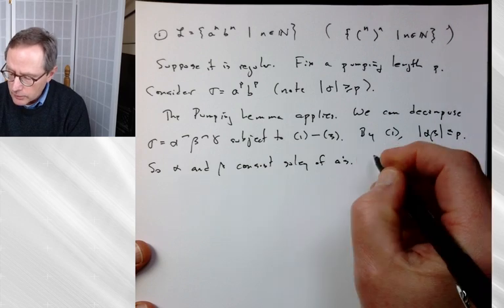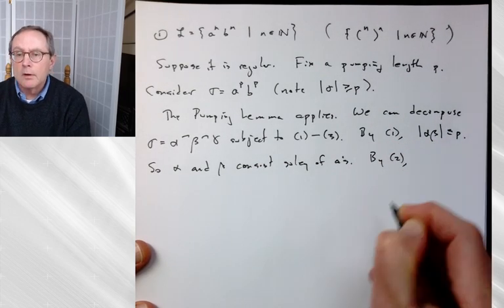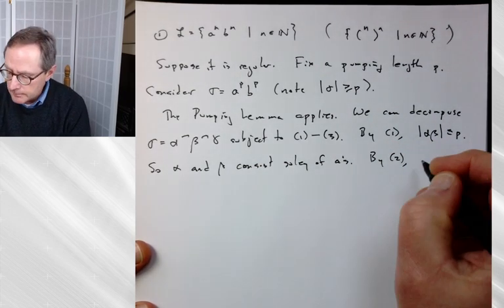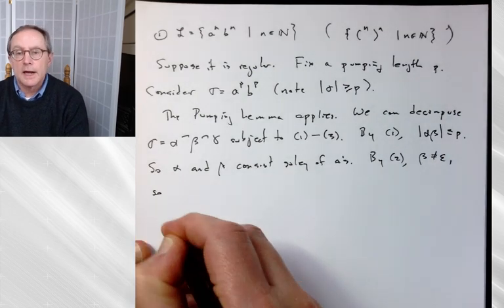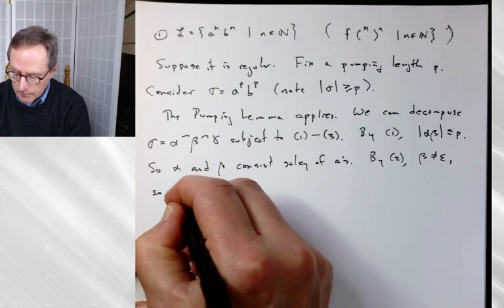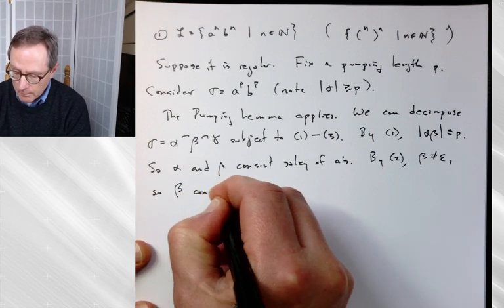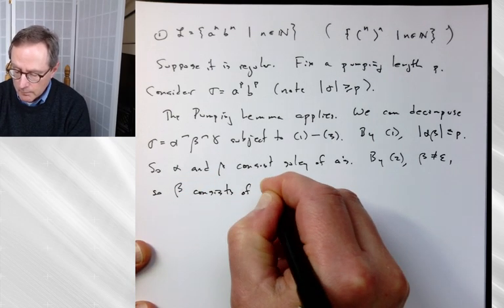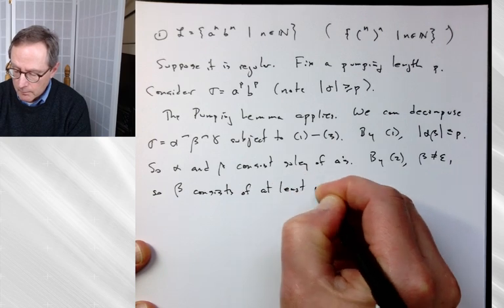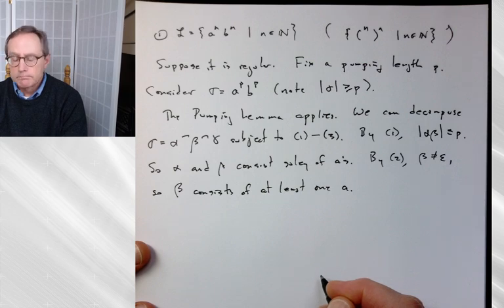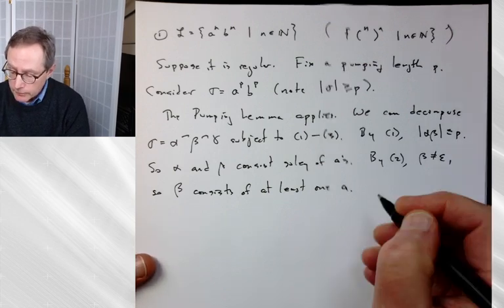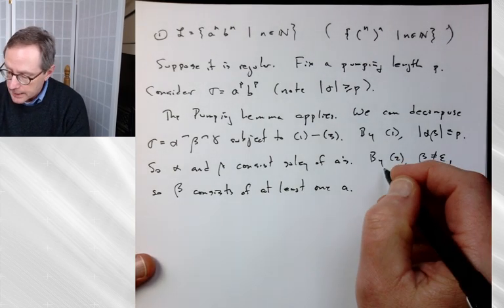By condition 2, beta is non-empty. So beta consists of at least one a. Okay, now I'm ready for condition 3.